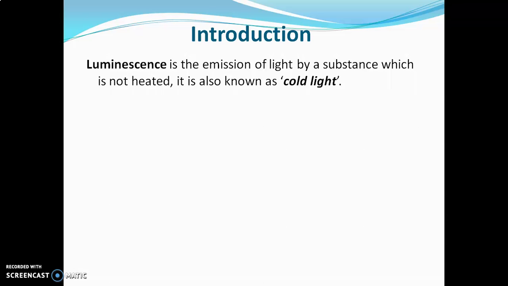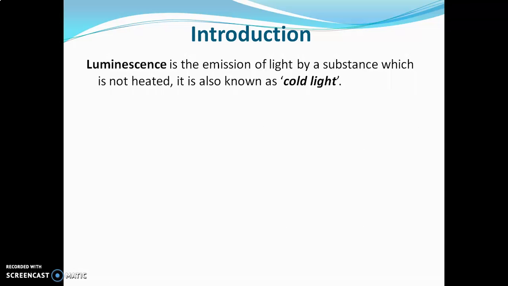Luminescence is the emission of light by substance which is not heated. It is also known as cold light. There is one more phenomena known as incandescence, in which the substance is heated and after heating the substance starts emitting radiation. But in luminescence, substance is not heated.